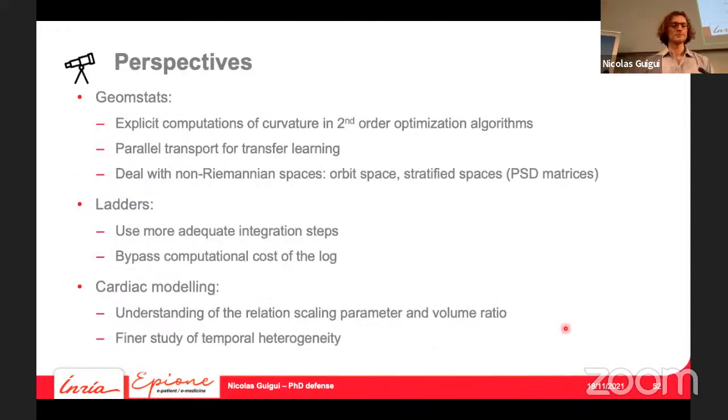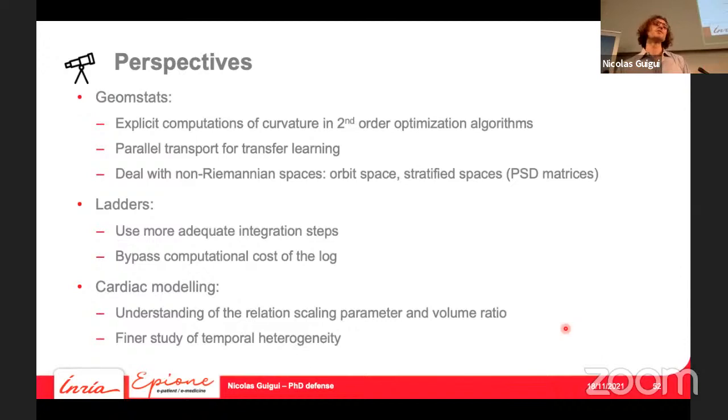For future work, geomstats could undergo major developments. For example, we could use explicit computations of curvature in second order optimization algorithms. This could greatly speed up their convergence and could have a great impact in optimization.